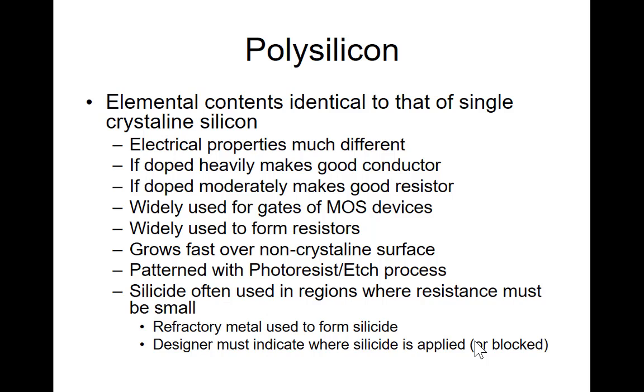For your gate poly, the conductivity is maybe about 0.1%. The resistivity is about 1,000 times worse than the metal. The metal is about milliohms if you have one square shape.